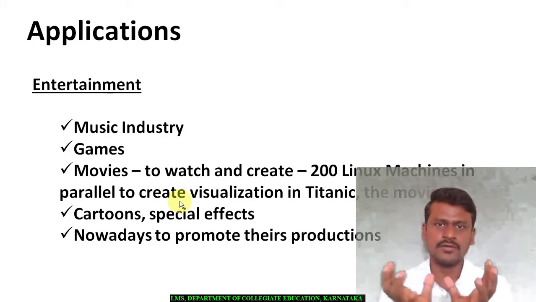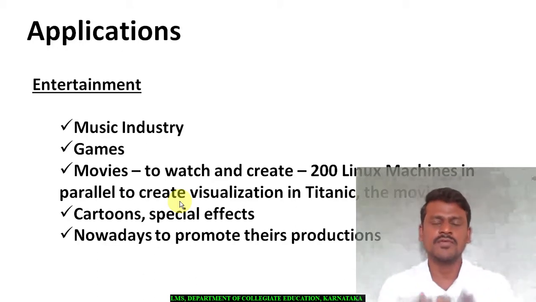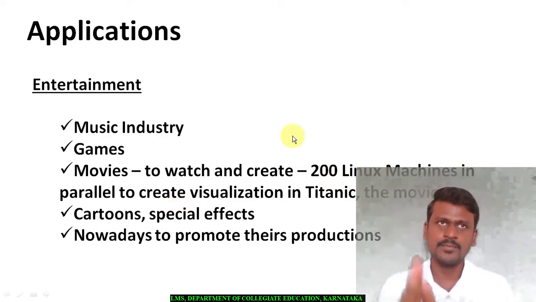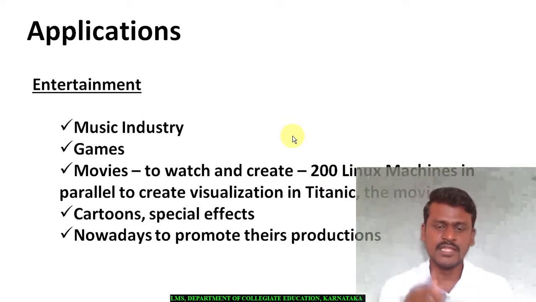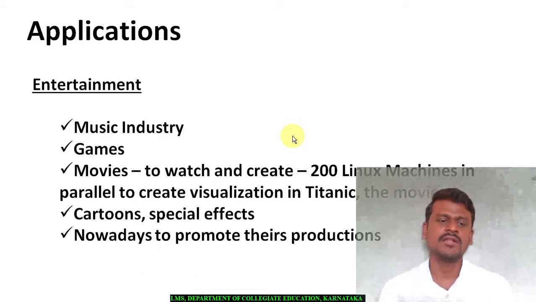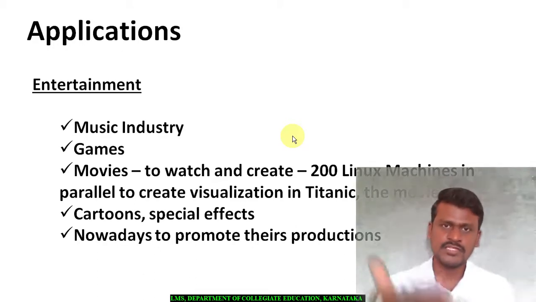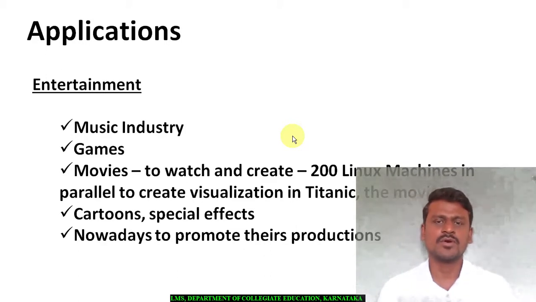To make it that attractive, they worked on almost 200 computers to make the visualization perfect. That is one example of how movies can be created. You may also have seen one of the recent movies called Bahubali. The VFX effects for that were also made through the computer only.